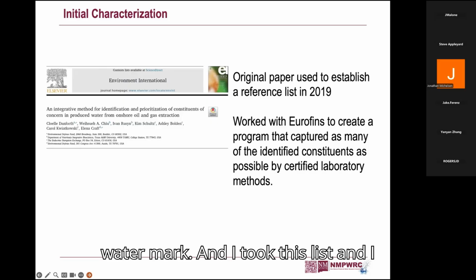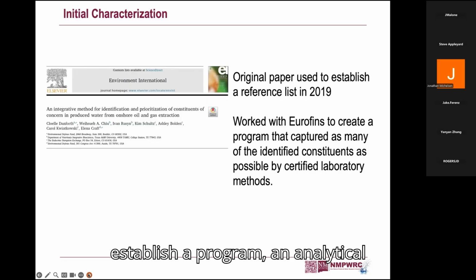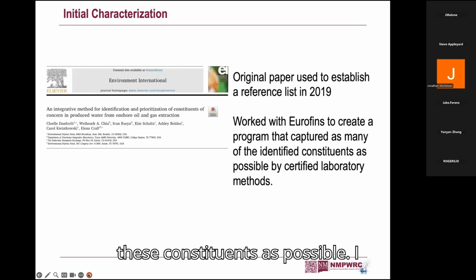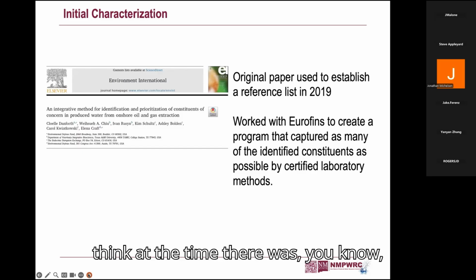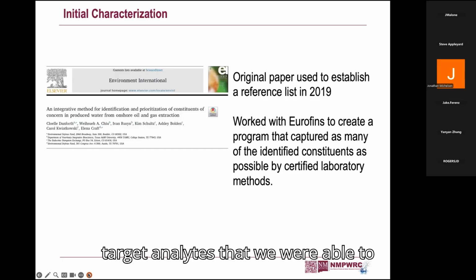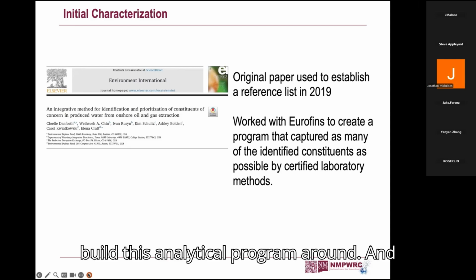I took this list and I worked with Eurofins to establish an analytical program that would capture as many of these constituents as possible. At the time there were roughly 300 plus target analytes that we were able to build this analytical program around.